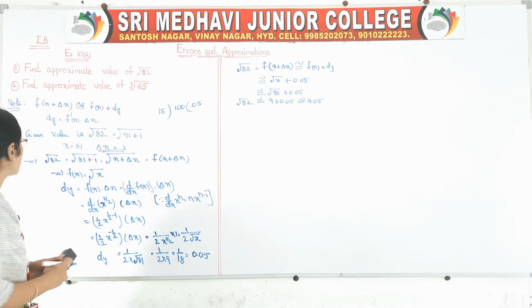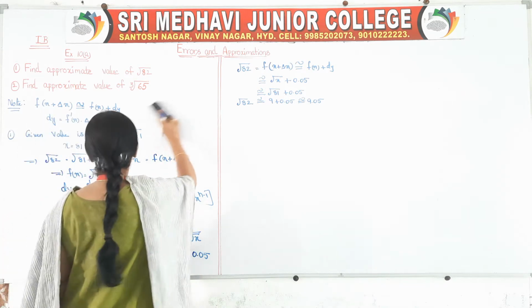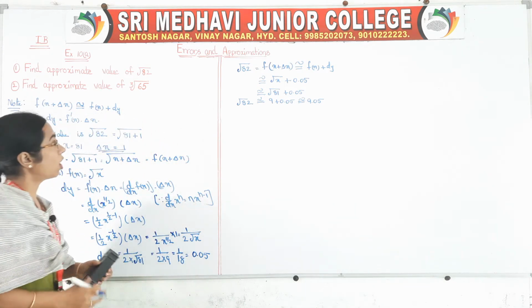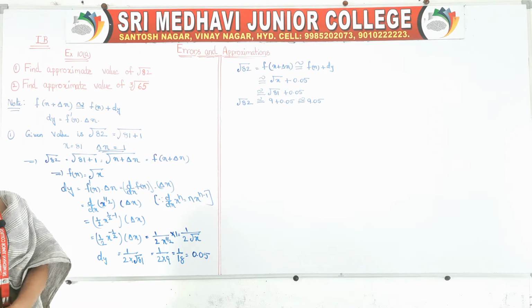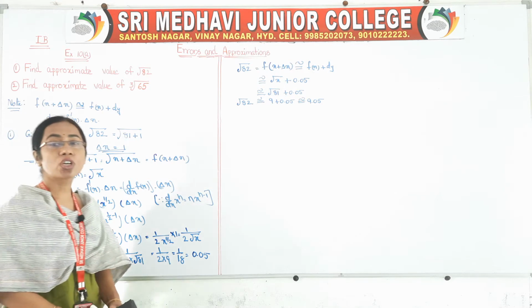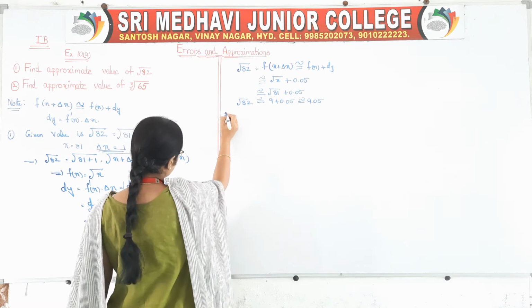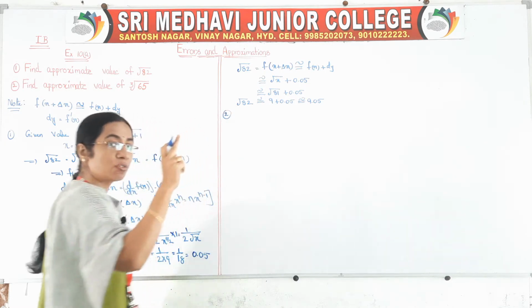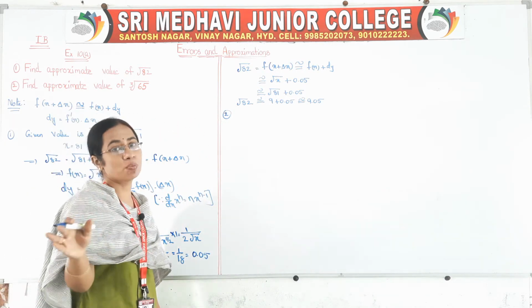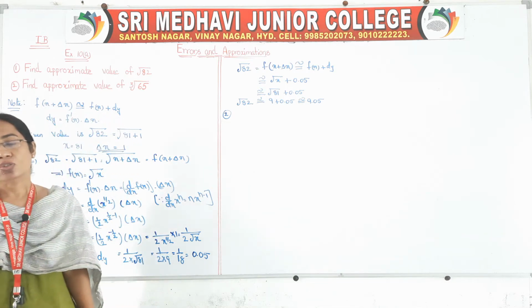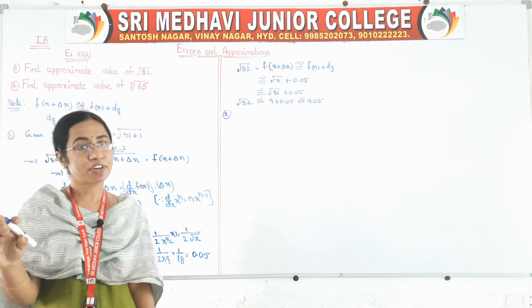Now come to the second question. Find the approximate value of cube root of 65. Cube root of 64 is there, and it is a perfect cube root, just as square root of 81 is a perfect value.